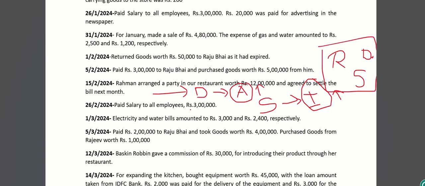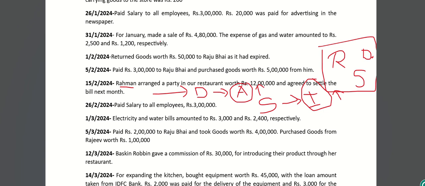Now we can see how we will write that. Remember, Rahman is a customer of the business. He didn't make the payment. When he failed to pay or agreed to pay at a future date, he became an asset of the business. He became a debtor from whom the business expects future cash inflow. Cash inflow means we expect him to make payment at a future date.